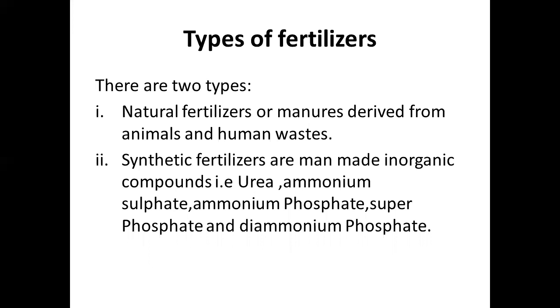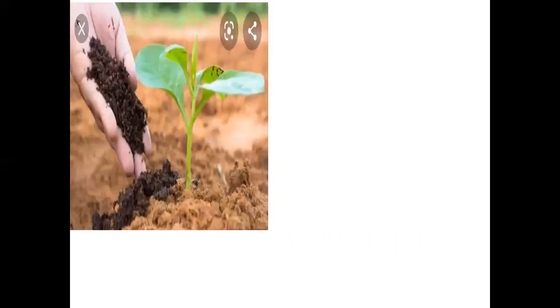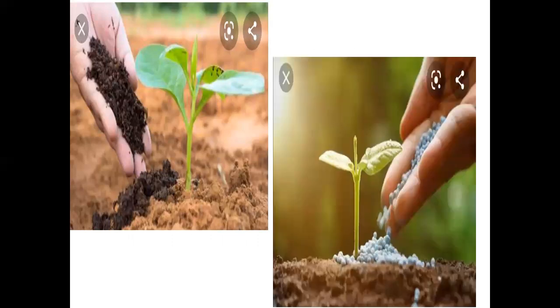These are the different types of synthetic fertilizers which we prepare synthetically. You can see the first image, which contains the natural fertilizer, and the second one where we use the synthetic fertilizer, and these fertilizers contain important nutrients or elements which are required for plant growth.